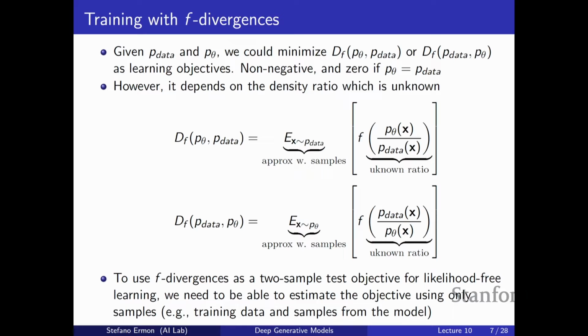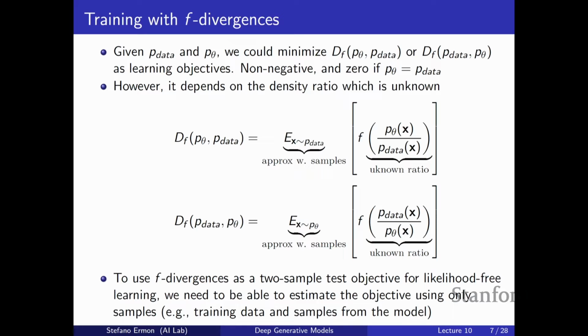Isn't p data of x, like, the probability if you're sampling from p data? The question is, is the sum of p data of x equal to 1? In general, no. That's basically the probability that the model assigns to every possible x.